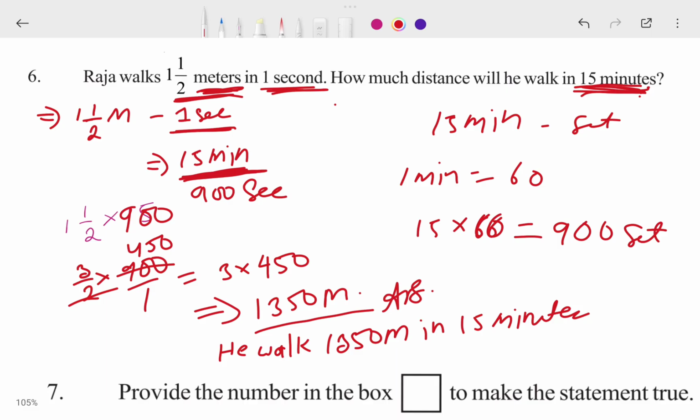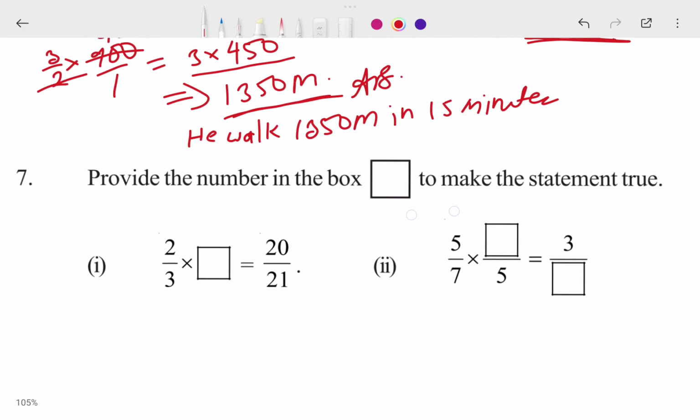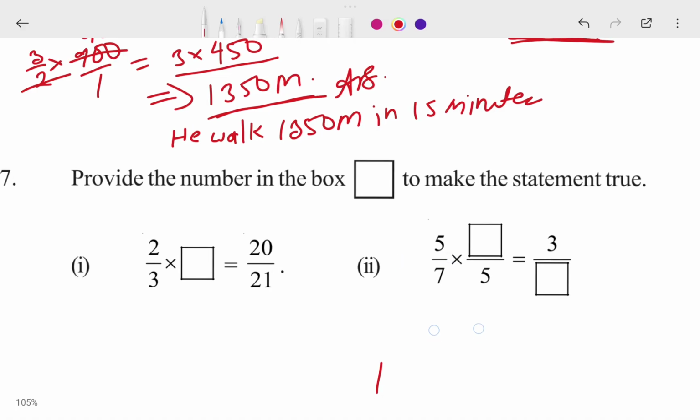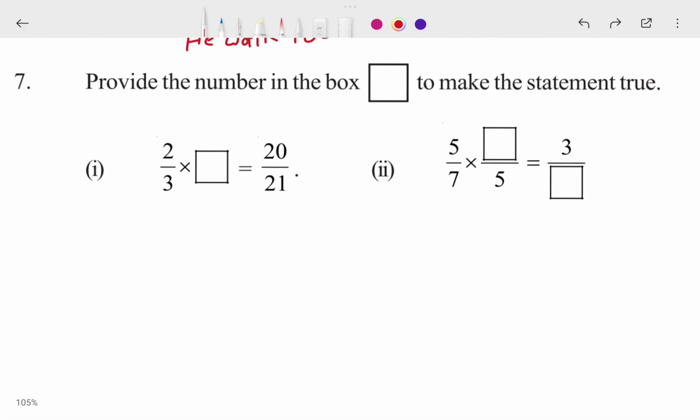So when we convert minute into second, it is going to be 900 seconds. So we multiply 1 by 2 meters into the 900 seconds. So our answer will be 3 into 450. When we multiply this, it is going to be 1350. So this is our final answer. Okay, so this is your 7th one, which is our last one, you can say. Okay, this is our last question.